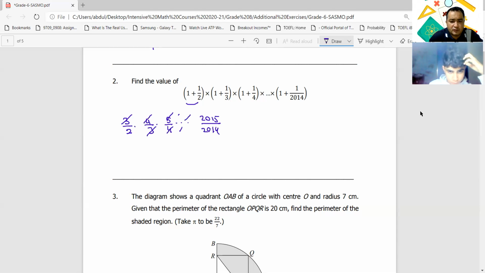So what is left here? Here we have 2015 over 2 left, which is equal to 1,007 and a half. So the answer is 1,007 and a half.